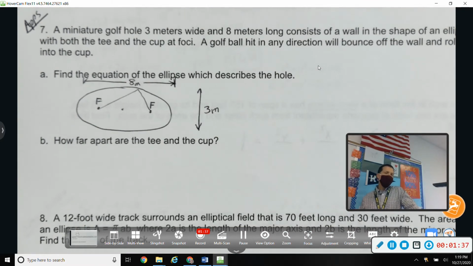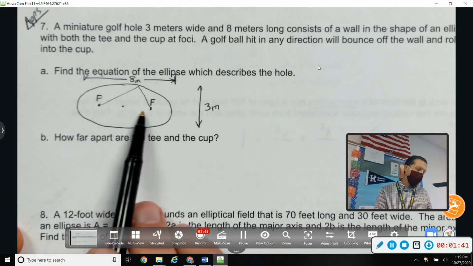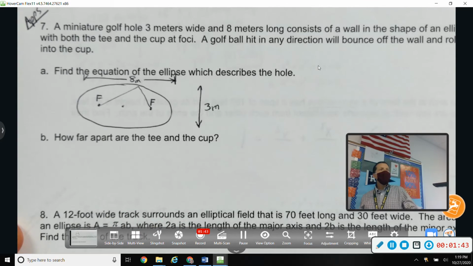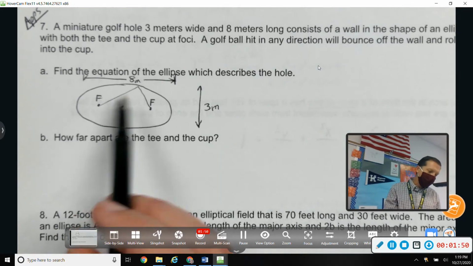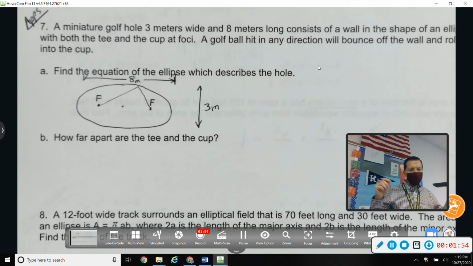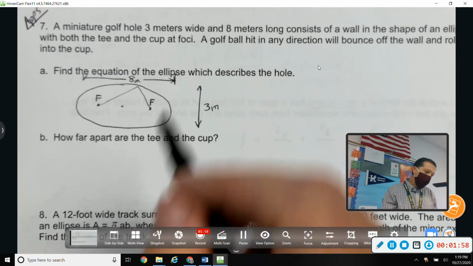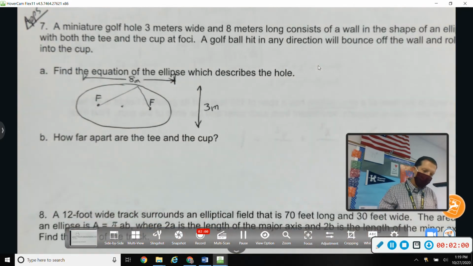Yeah, that would be the obvious case because it would just bounce straight off and head toward the other. You'd have to get the speed right. And if the tee was elevated or whatever, it'd be a problem. But just generally speaking, you hit it at one focus, it'll bounce and land on the other.